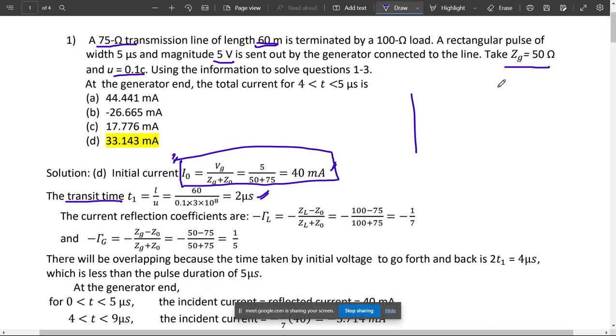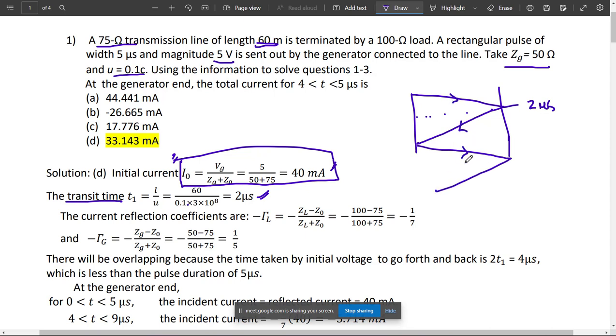So let's say the current goes like this, and after the transit time of 2 microseconds, something like this would be happening.